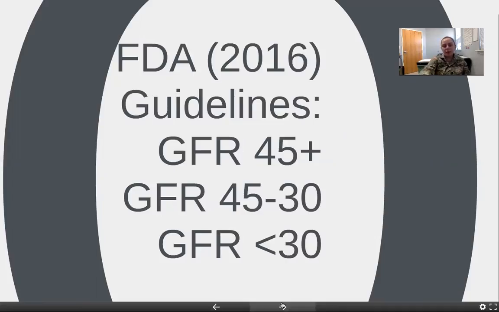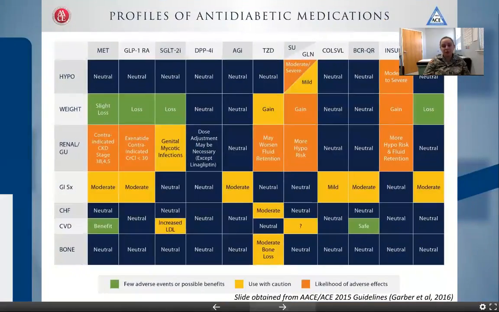So in Larry's case, his GFR is a 28. We need to choose a different medication. So going back to the ACE, the American Academy of Clinical Endocrinologists, we have here the chart that helps us with our selection. So Larry has renal insufficiency, or CKD, so he's not going to take metformin.